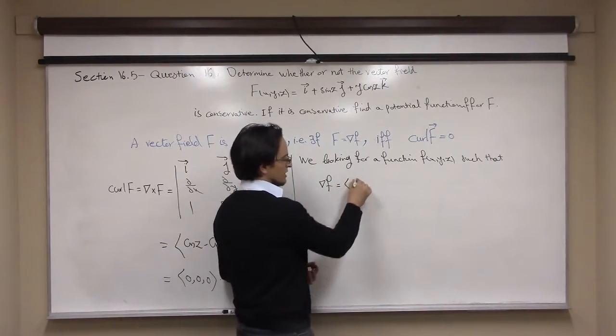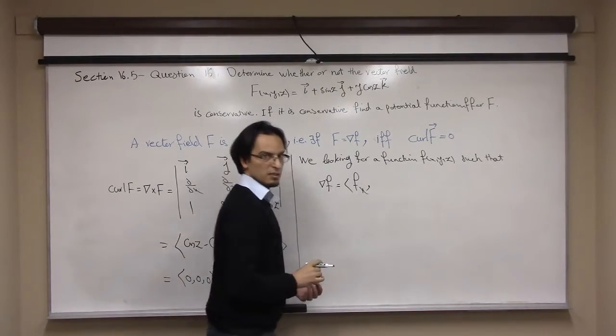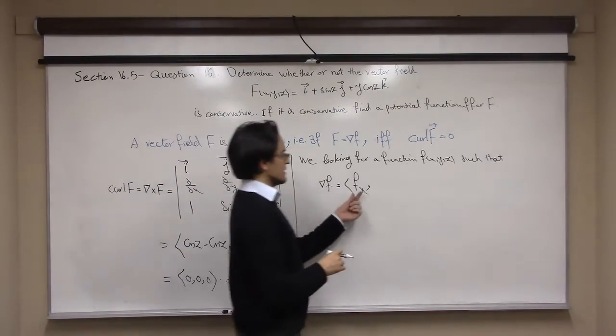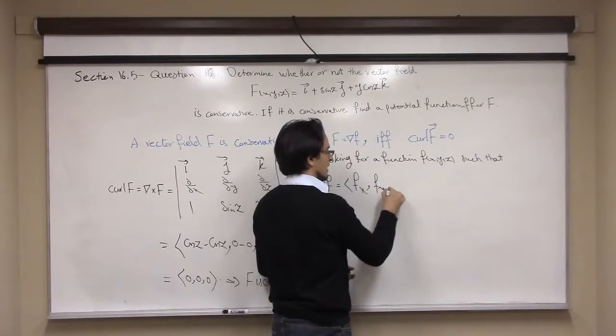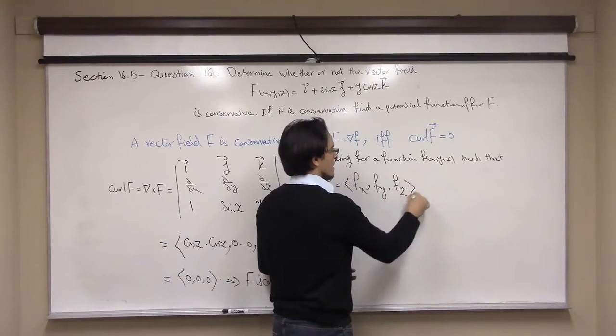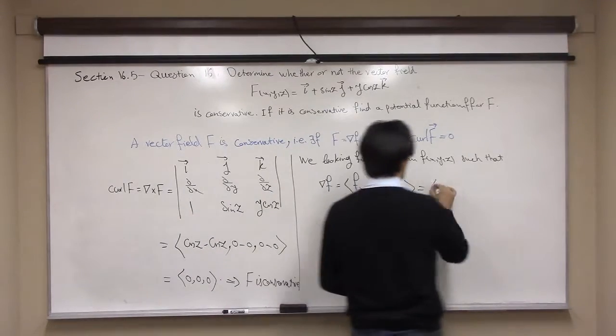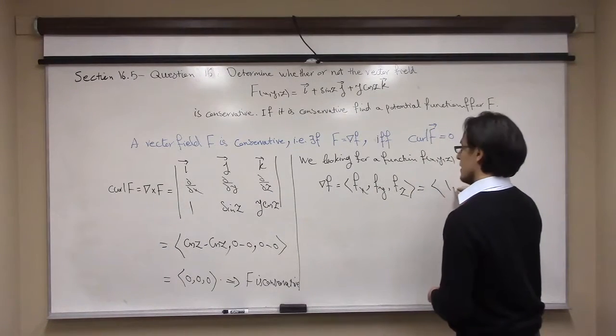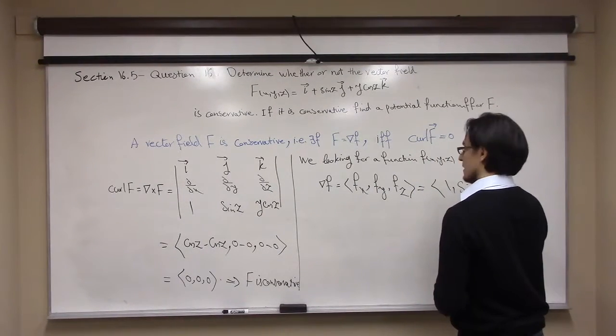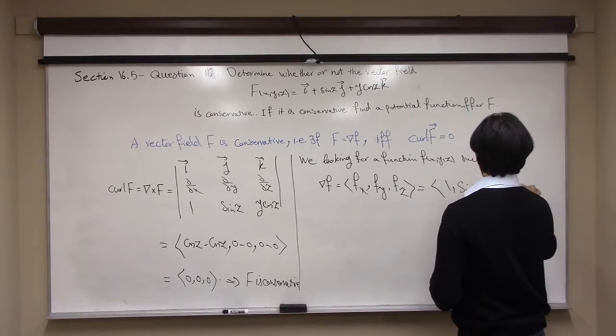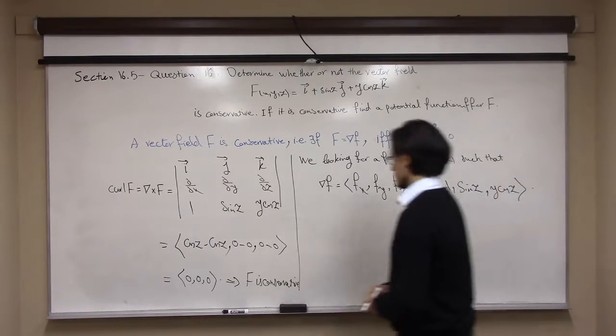What is gradient? Gradient is a vector field with 3 components. First component is fx, fy, and fz. The gradient of that function is equal to our vector field, which is 1, sine z, and y cosine z.